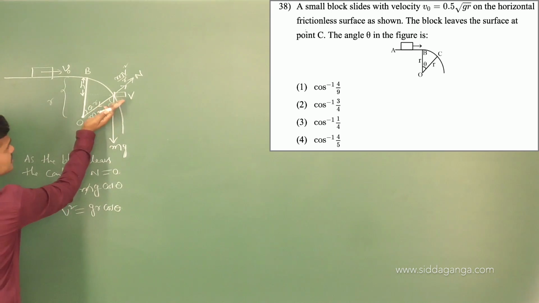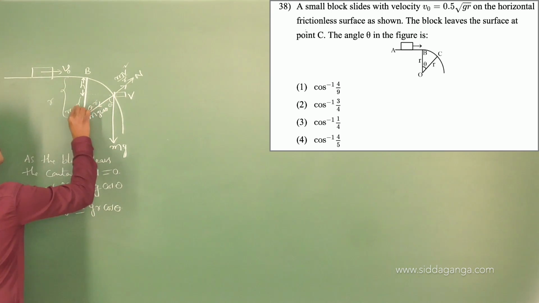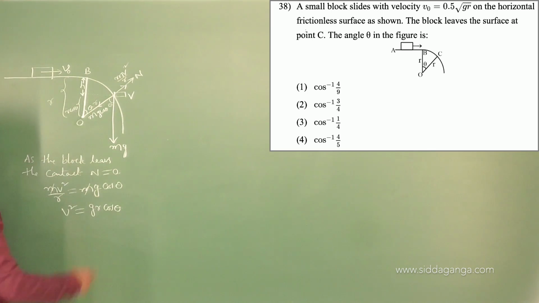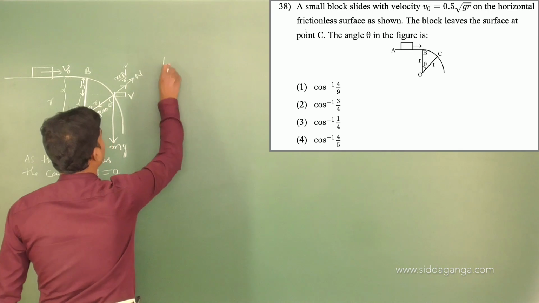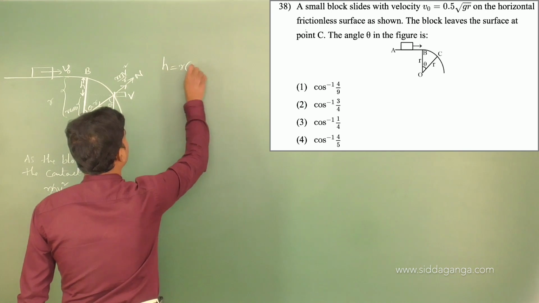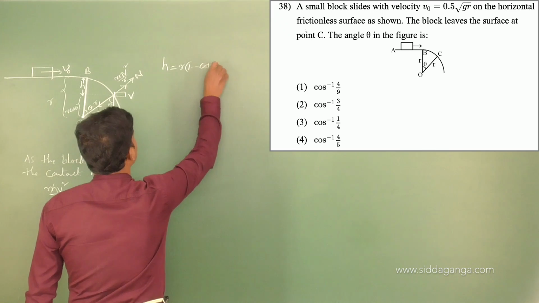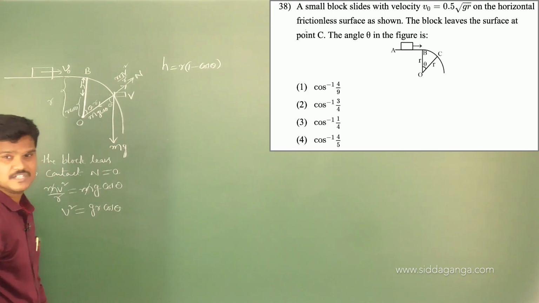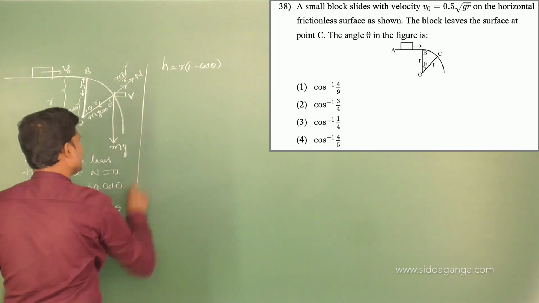This is r, and this is r cos theta. So h is r minus r cos theta, that is, h equals r(1 minus cos theta). Use v square minus u square equals 2as as the formula, and you will get the answer.